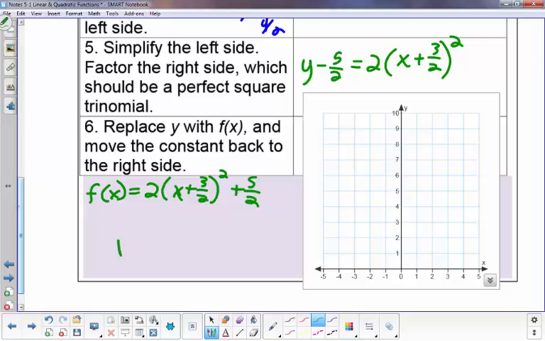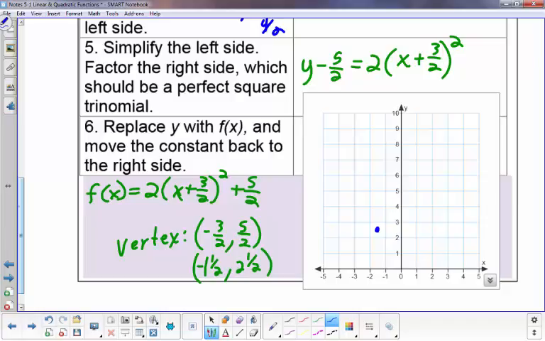So where's my vertex in this? Well, my vertex is at negative 3 over 2 and 5 halves. Or if you want to do it, negative 1.5 and 2.5. So negative 1.5, 2.5 puts me pretty much right smack there.